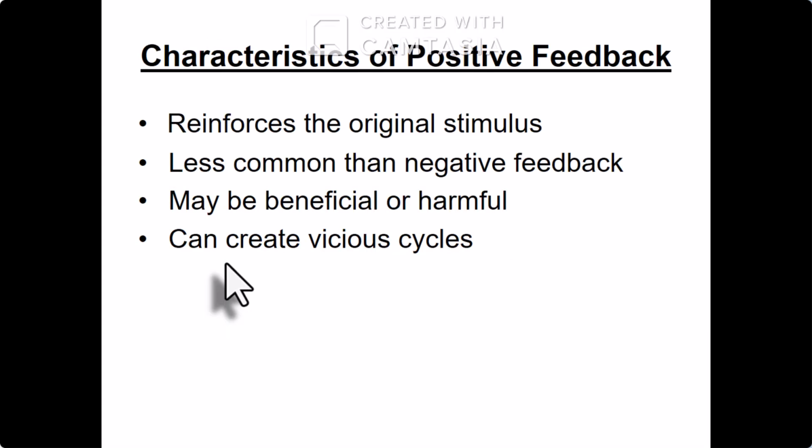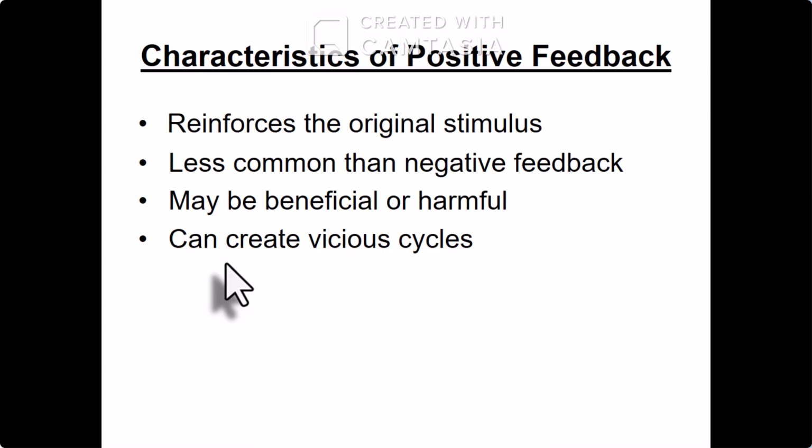What are the characteristics of positive feedback mechanism? It reinforces the original stimulus. It is less common than negative feedback, and can be beneficial or harmful for our body. Sometimes it may be beneficial, but in some cases it may be harmful as well. It may create a vicious cycle.